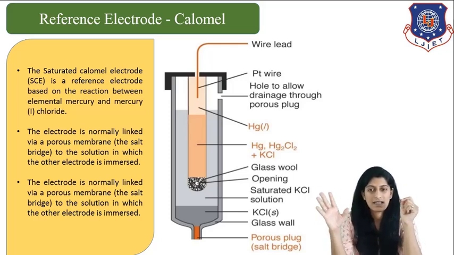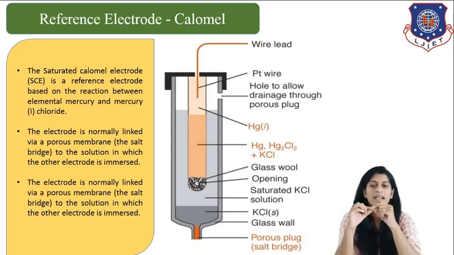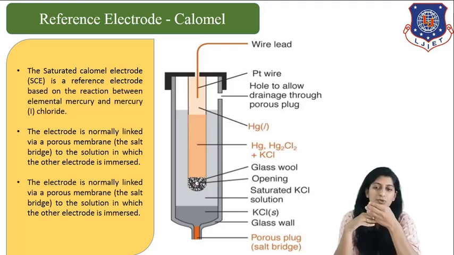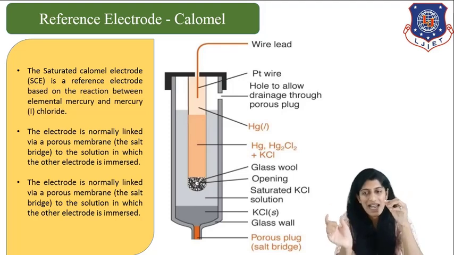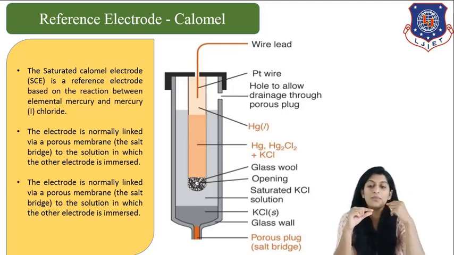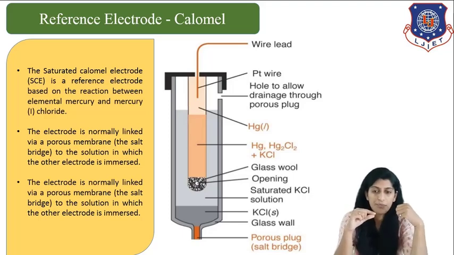Now, let's come to the picture here. It has a wire lead which is a platinum wire. So, the calomel electrode consists of a platinum wire, and there is a hole which will allow the drainage porous plug to pass through it. Inside the electrode, we have mercury and a mercury chloride solution. Correct.